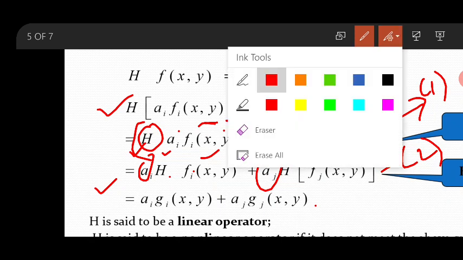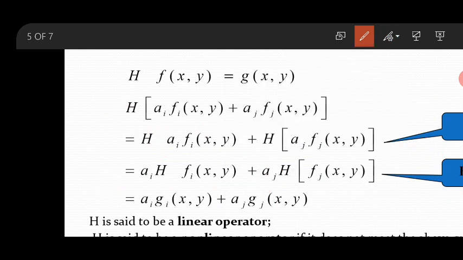Meaning that for the left hand side, first you multiply the image, perform the operator and add. For the right hand side, first you perform the operator on the image, then you multiply with the ai factor and aj factor and add up.